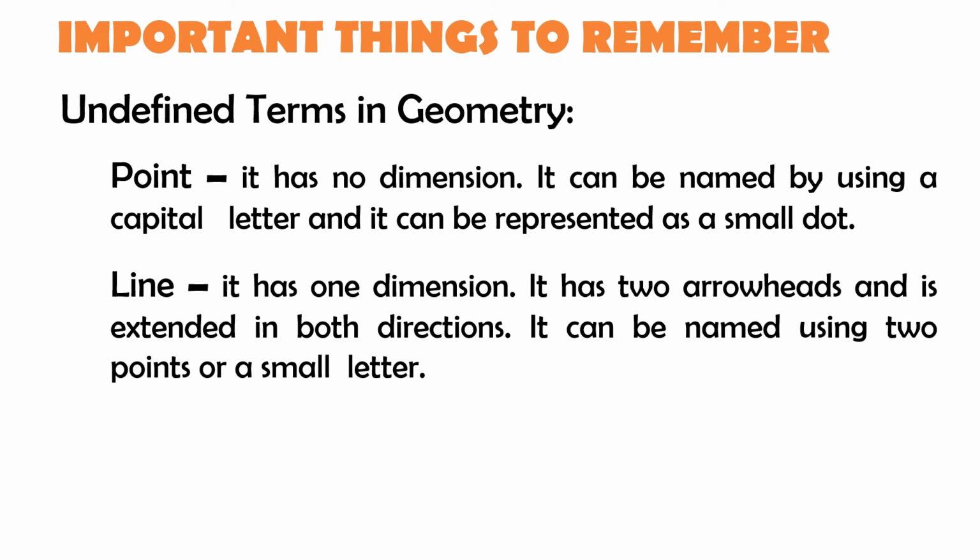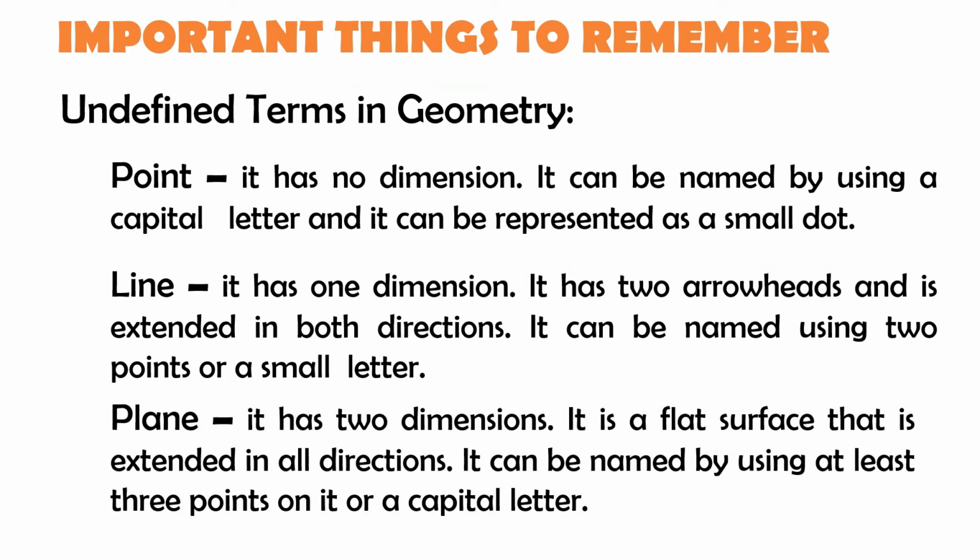It has one dimension, it has 2 arrowheads, and is extended in both directions. It can be named using 2 points or a small letter. Then, lastly, we have a plane. It has 2 dimensions. It is a flat surface that is extended in all directions. It can be named using at least 3 points on it or a capital letter.